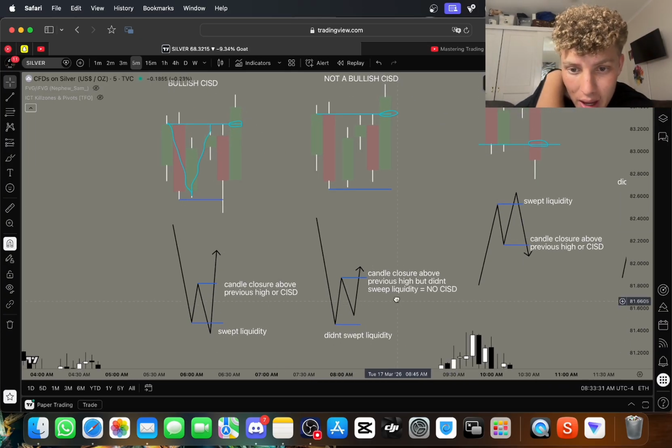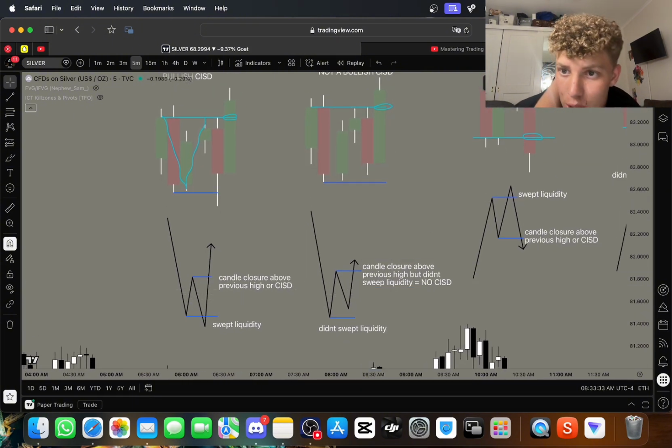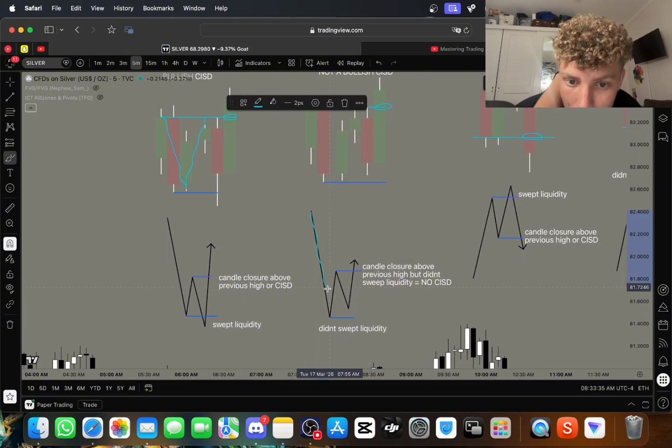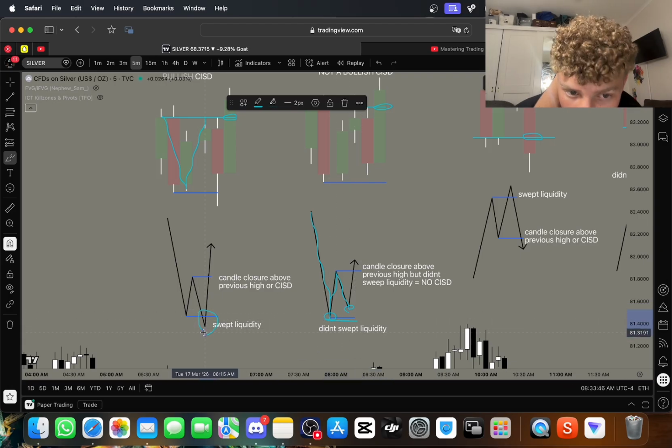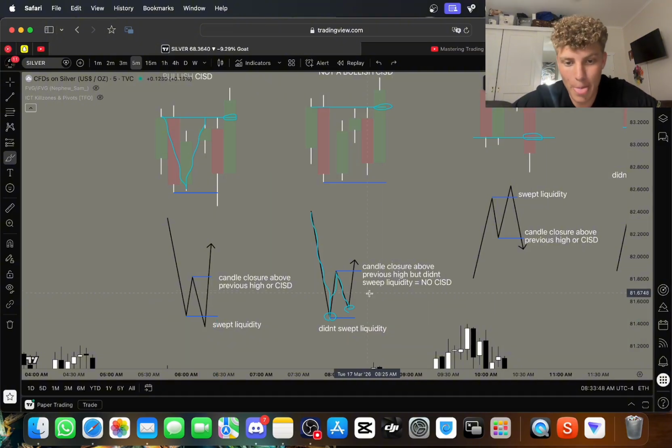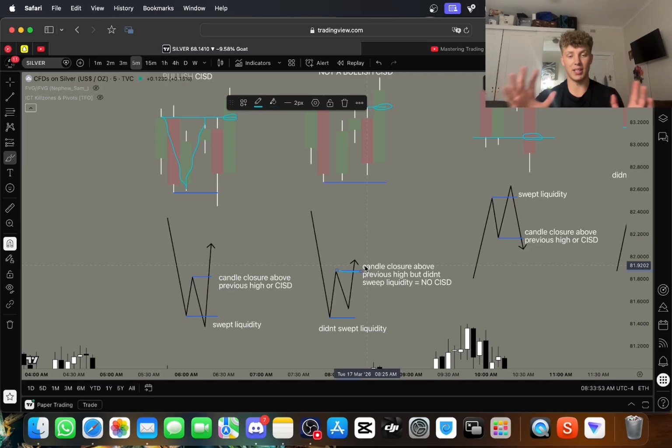I was going to go over that with you guys over here as well. So if we are moving down, we put in this low here, we move higher, we put in this low, but this low does not take out this low. But we can see here, this low takes it out here. So that doesn't count as a CISD. If we get a candle closure above here, not considered a CISD.